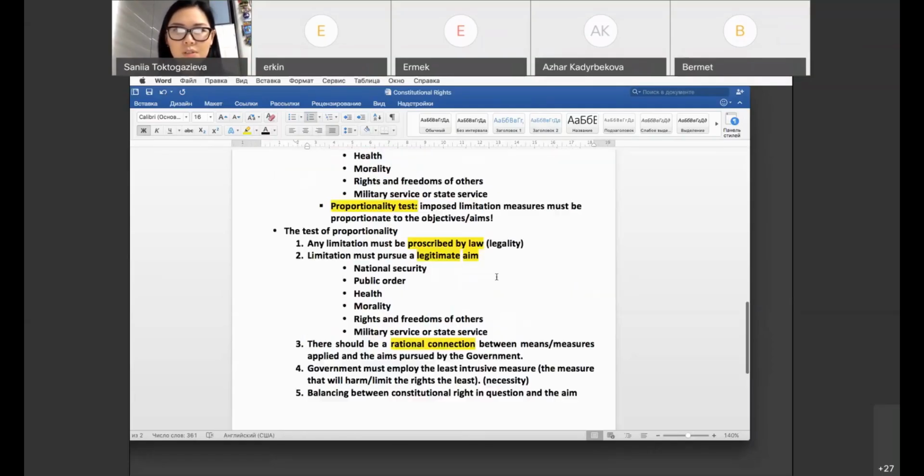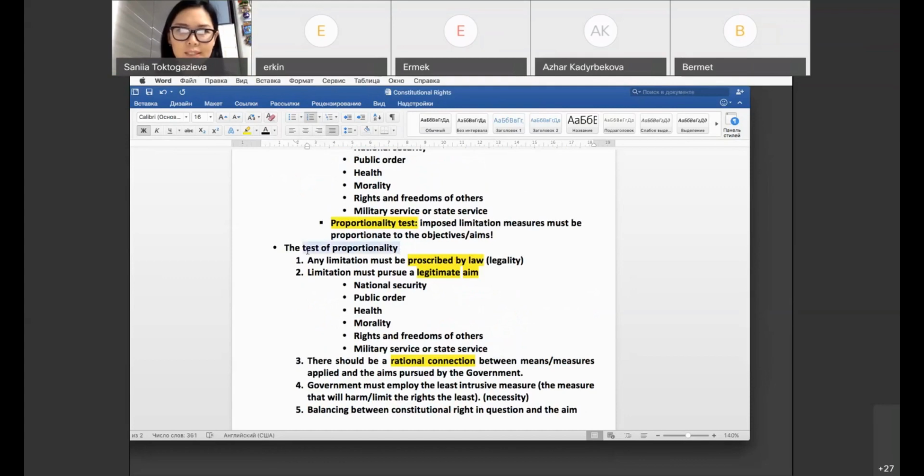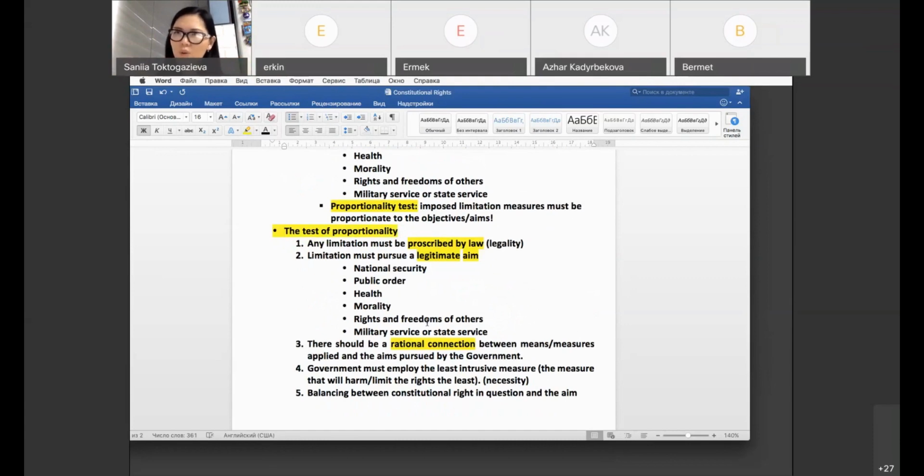Okay, guys, questions about proportionality. Is it clear? By following the same logic, you will be writing your written assignments. Again, guys, it's individual work, not group work. Each one of you will be writing an application.